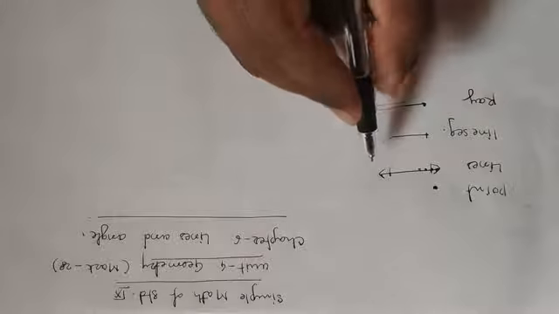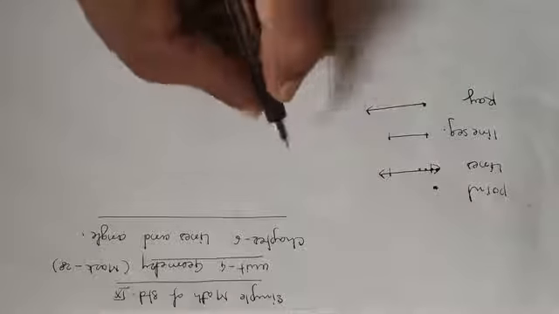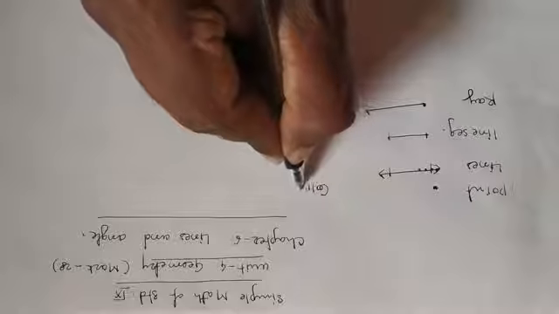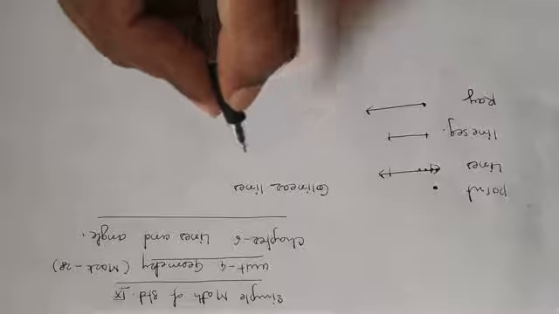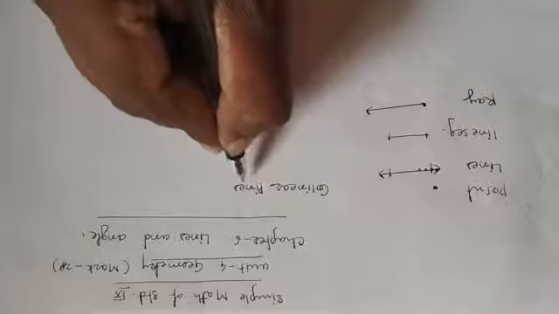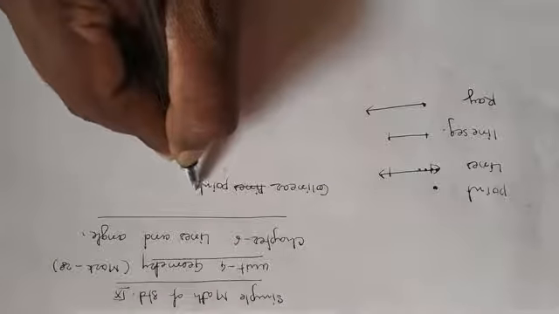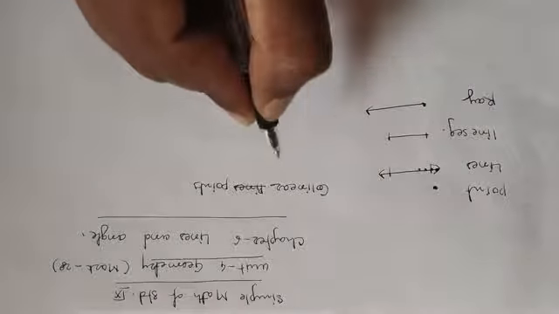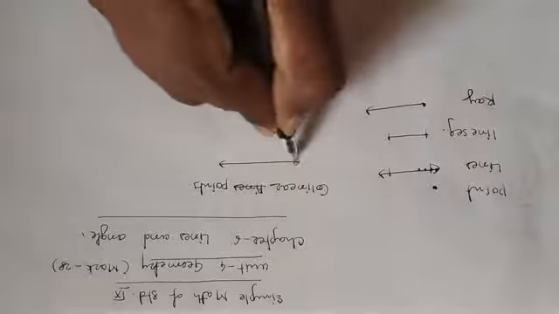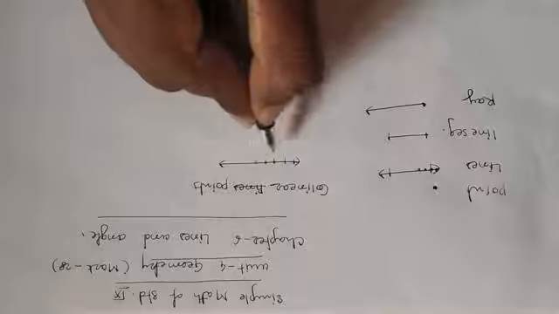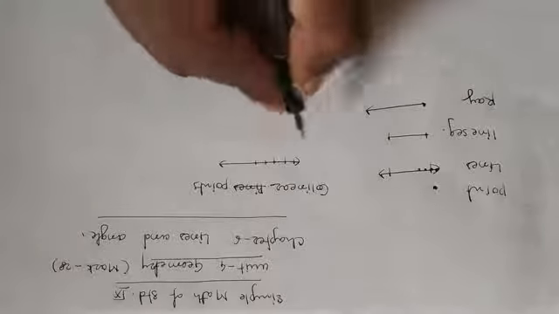These lines may be collinear lines or non-collinear lines. What are collinear lines? Collinear points means that if two or more points lie on the same line, A, B, C, D, E, these all lie on the same line, so these are collinear points.